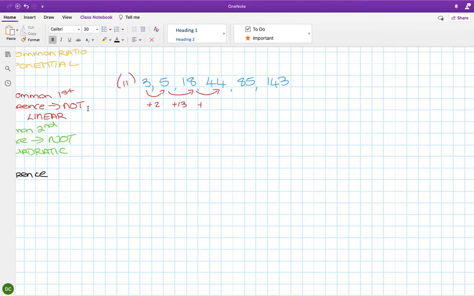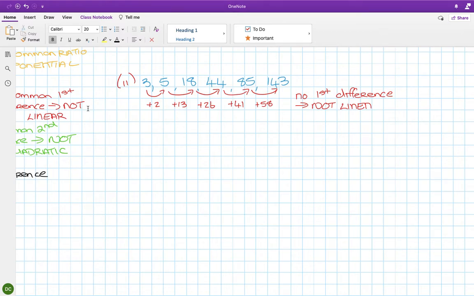It's 26. 85 minus 44 is 41. And then 143 minus 85 is a jump of 58. Okay, so I have no common first difference. So that means it's not linear.